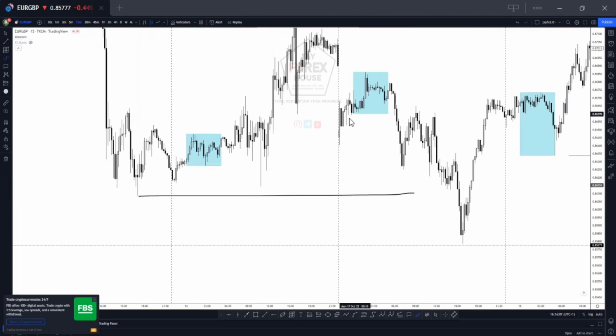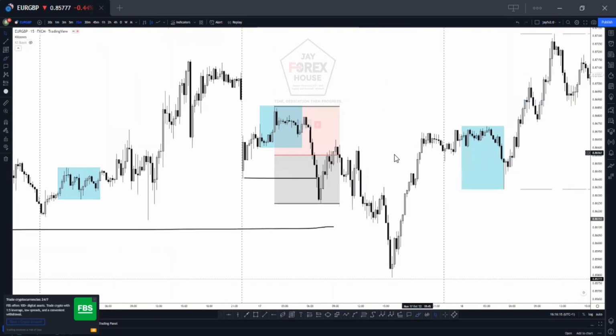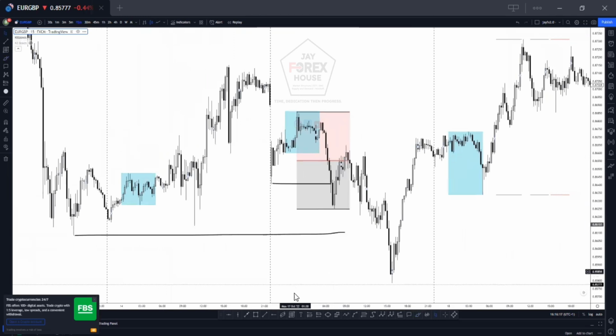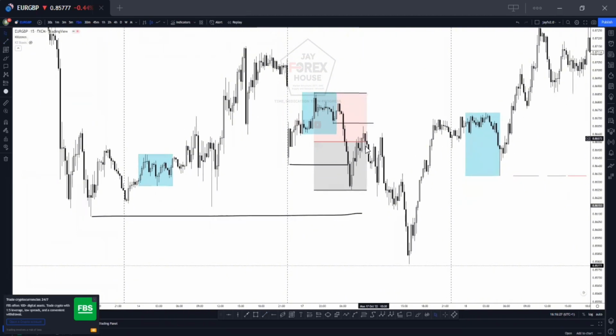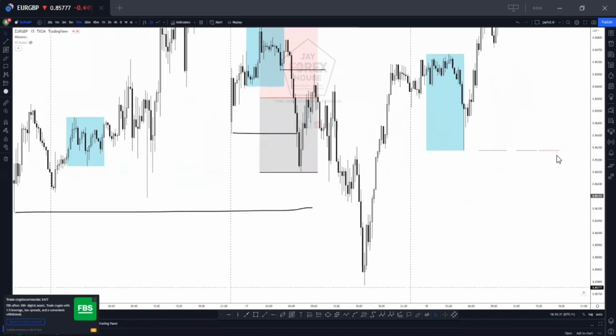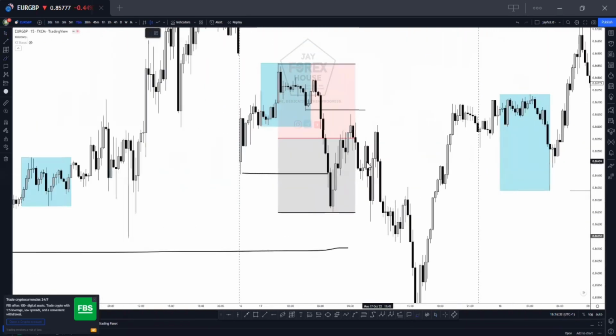We had a break of structure from this point, change of character, with the demand and supply, premium and discount. I see we have this zone to watch. The price actually did not mitigate that zone on that day, but then we had a retracement back up into this particular point, which then broke structure here.